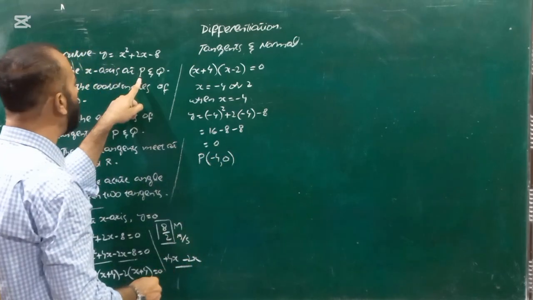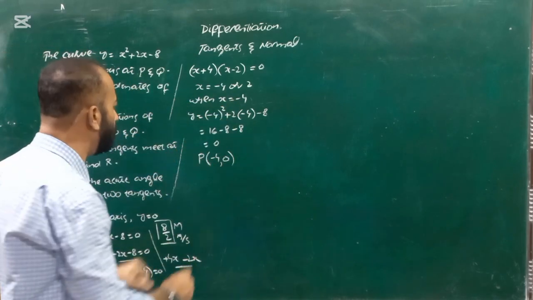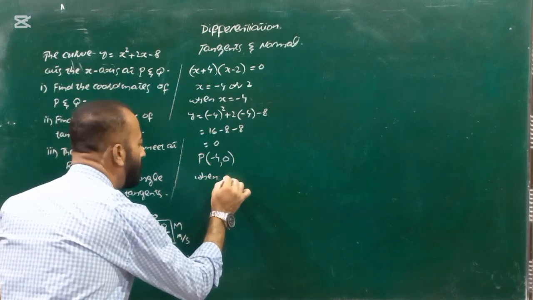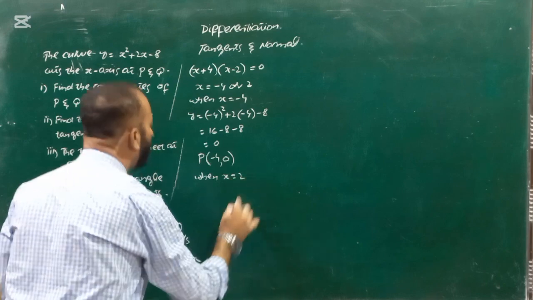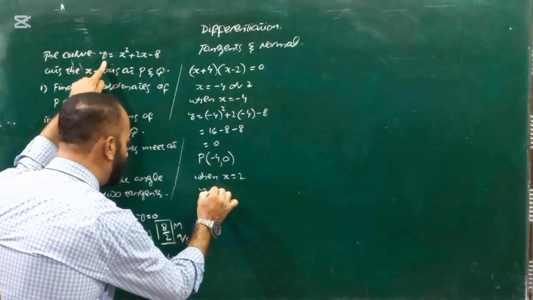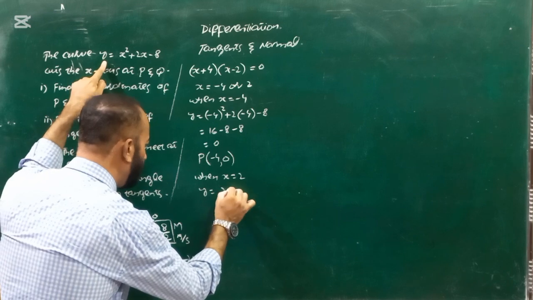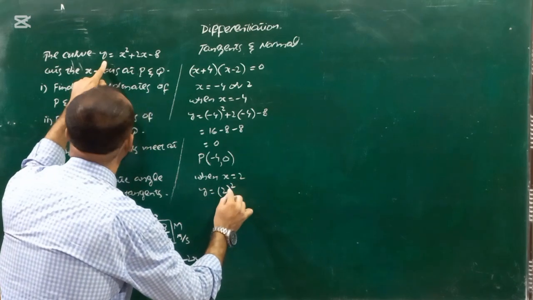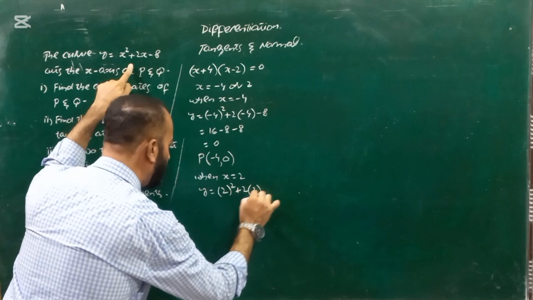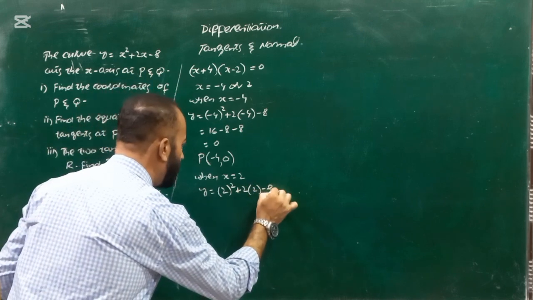Now use the second point, that is 2. So when x is equal to 2, now put this into this equation. So y is equal to 2 square plus 2 into 2 minus 8 as it is.